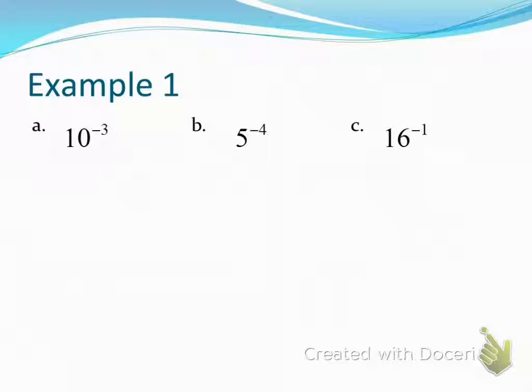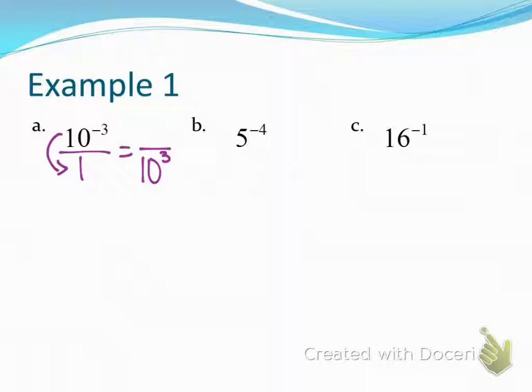So on the first example, A, if you want, you can always put these over 1 to begin with, if that helps you remember what to do next. But what we're going to do is make that cross the line. It's going to go to the denominator, and then we would change the sign on the exponent.